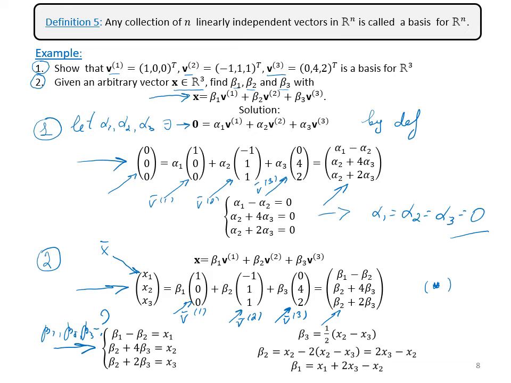From equations 2 and 3, we can immediately find one of the numbers. Then it's very simple to find the rest of the values: beta 3, beta 2 and beta 1. So we showed that our system has a unique solution. Example is solved.